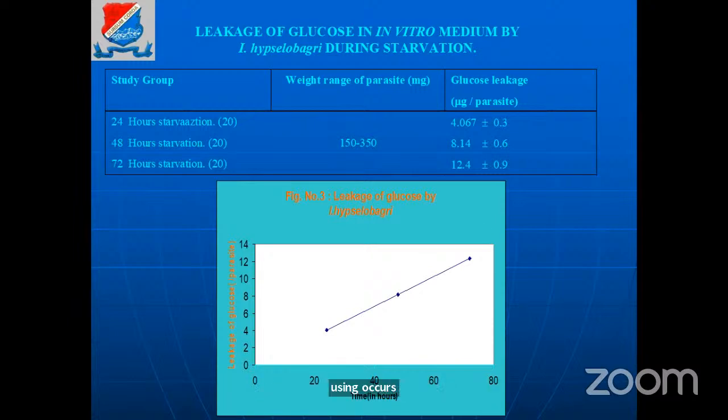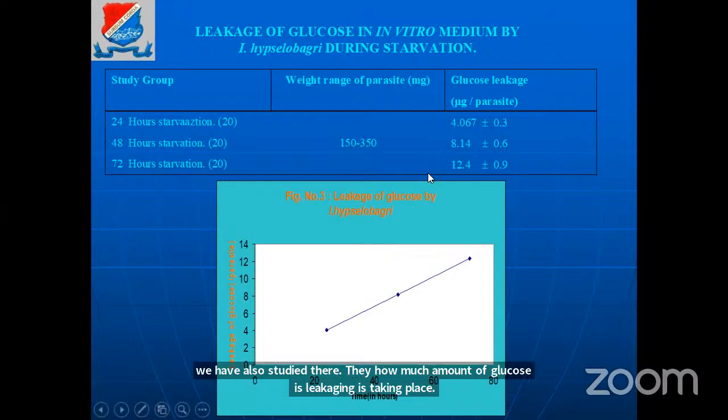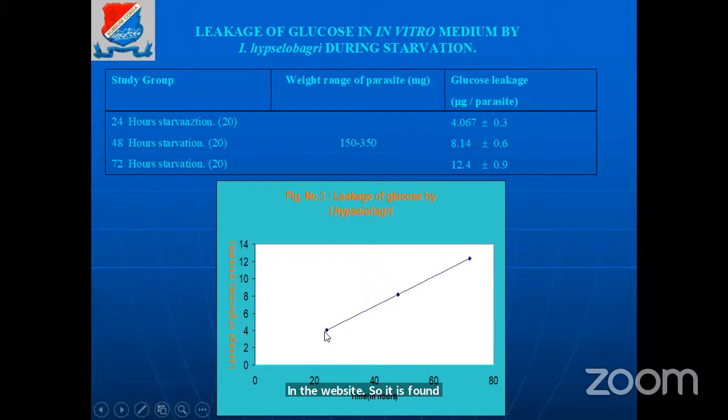So we also studied how much glucose leakage is taking place from the parasite. It was found that from the beginning to 24 hours to 72 hours, the leakage of glucose is on an increasing trend, from 4% to 12%. That means there is also a passage through the cell membrane.